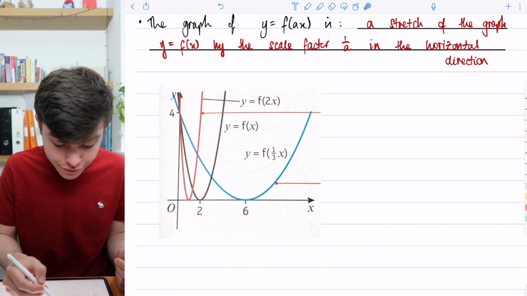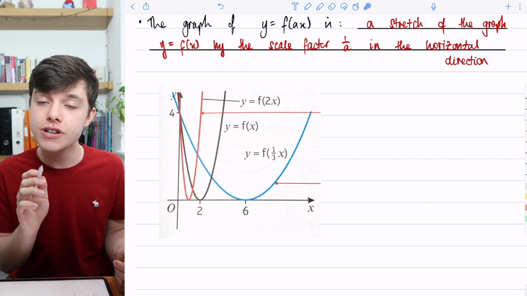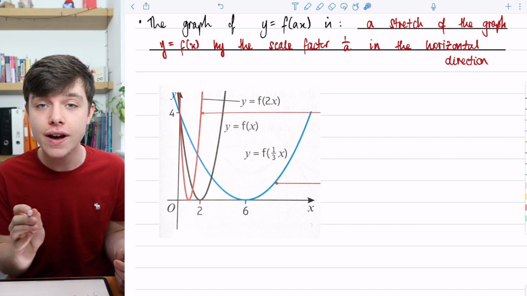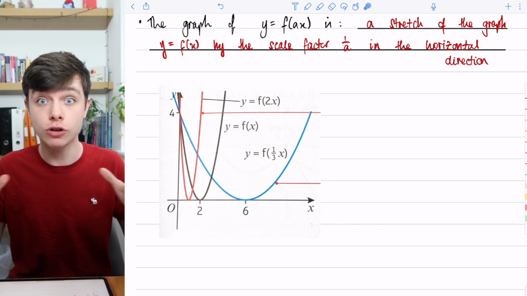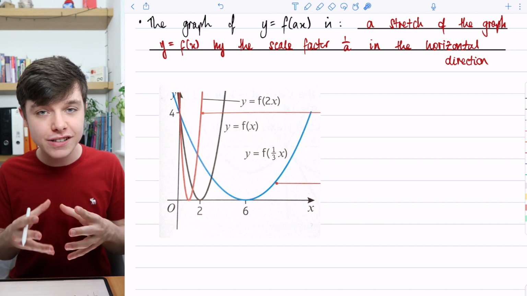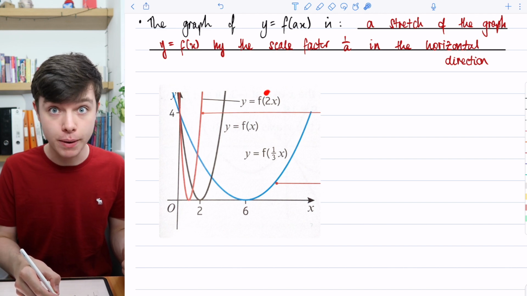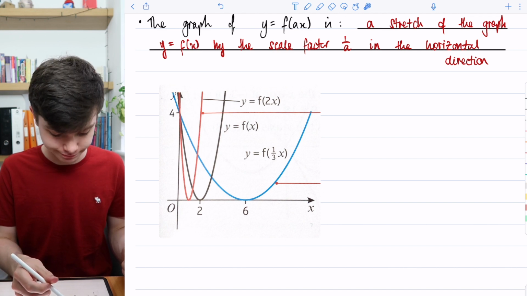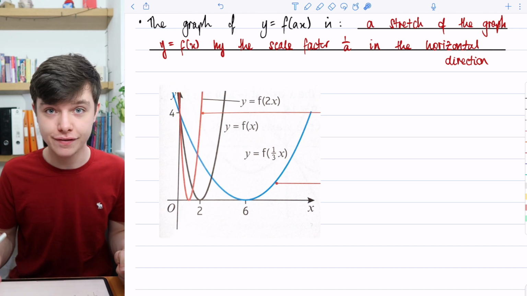The red graph is y is f of 2x. So that's going to be a scale factor of a half. And because we're doing a horizontal stretch, everything in the horizontal direction, so all of our x values, will be halved, because our scale factor will be 1 over 2. So it's going to become quite a bit thinner than our original graph.